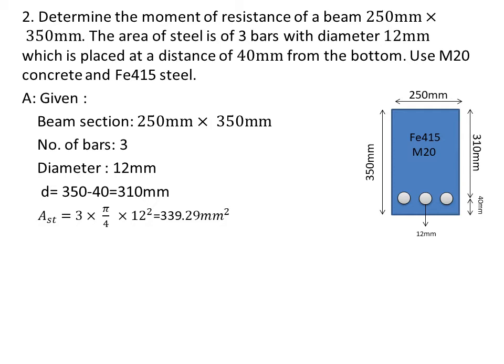And here M20, 20 Newton per mm square is the characteristic strength of concrete, and here the steel used is Fe415, where 415 Newton per mm square is the characteristic strength of the steel bar used.